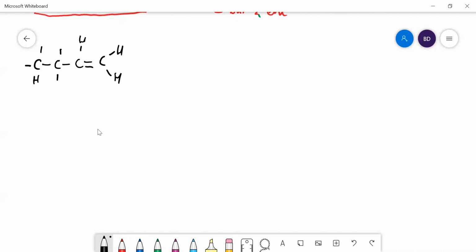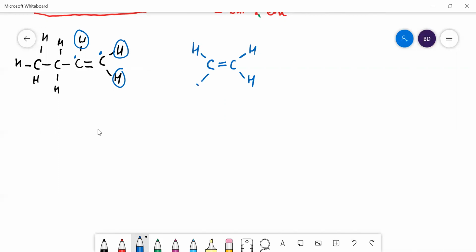Right, now let's draw that with the proper geometry around the double bond. So putting my double bond here, what have I got attached? To this carbon I've got a hydrogen and a hydrogen, so an H and an H. What have I got attached to this carbon? I've got an H and I've got an ethyl group.